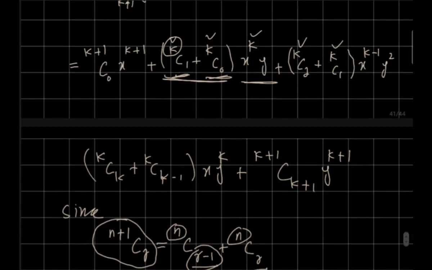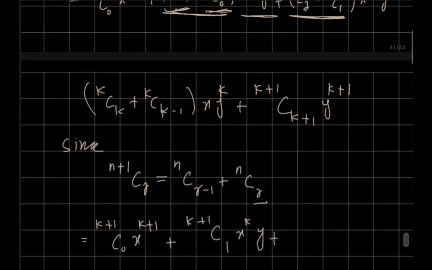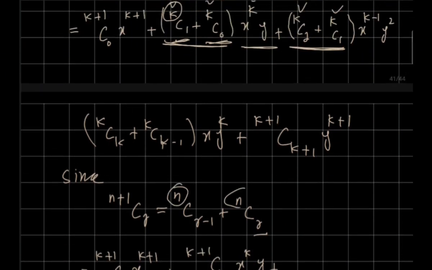Now apply the same formula for this. So compare this with the formula n, and here you have k, so we will replace n by k. Here you have r minus 1 and r, and here you have 2 and 1. So here r is 2, right?